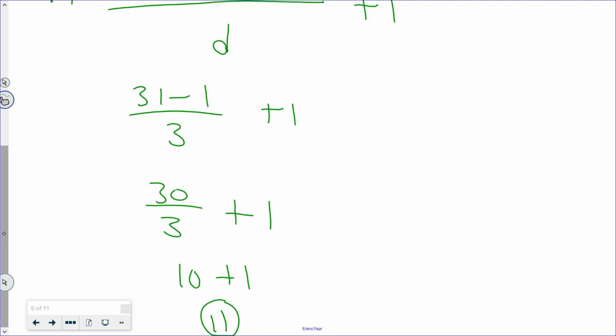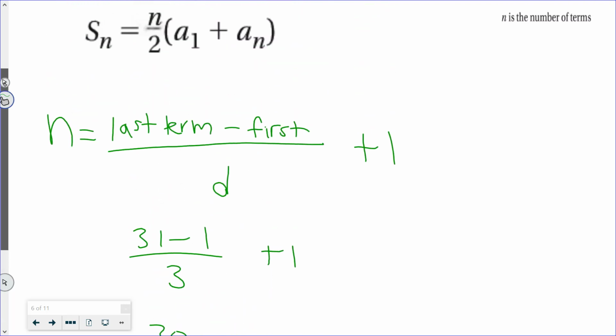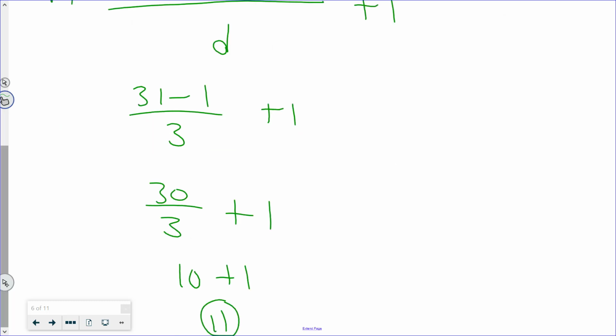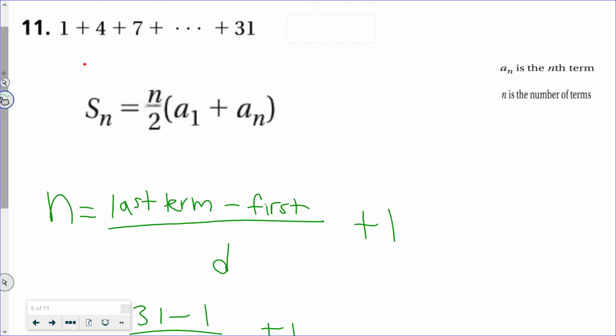Angelina. The 1 is part of the formula to find the number of terms. We're always going to add 1 whenever we do last term minus first term over the common difference. That's going to give us 10, but 10 is not the total because when we subtract, we don't include the first term that we subtracted, so we always have to add 1 to get the total number of terms.